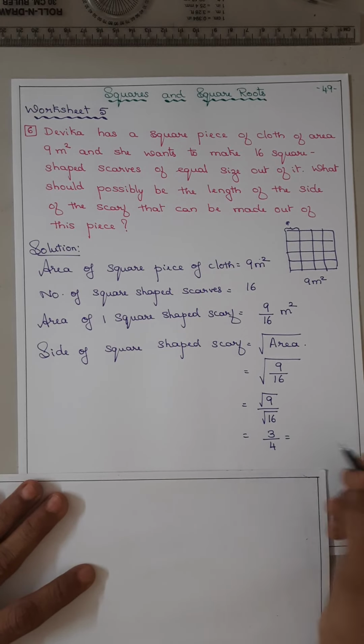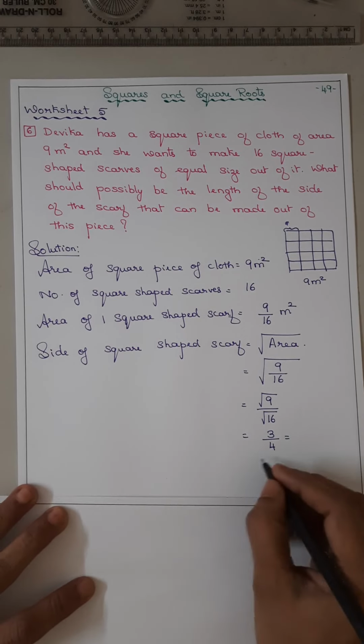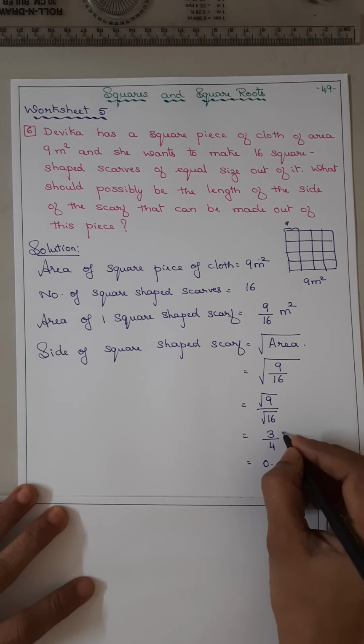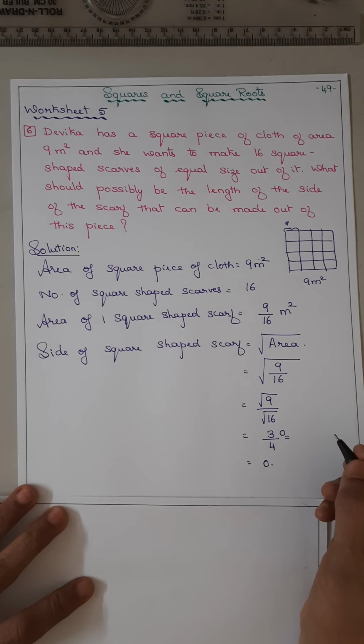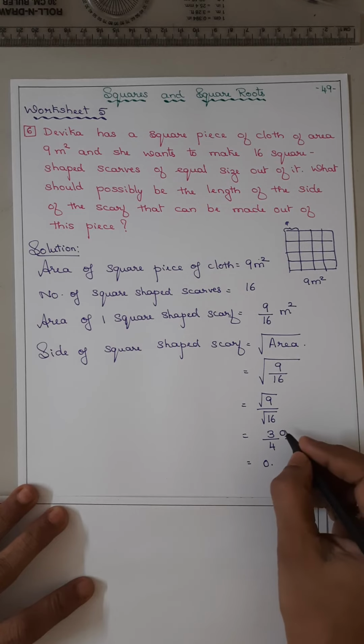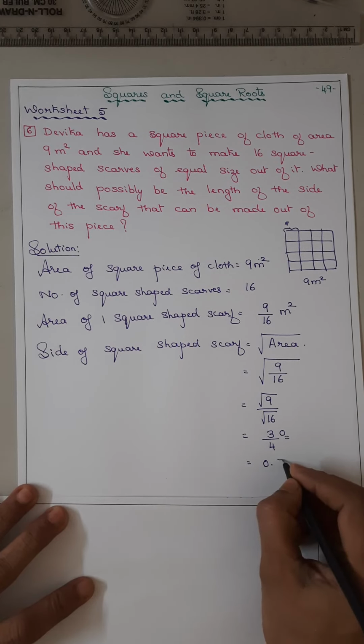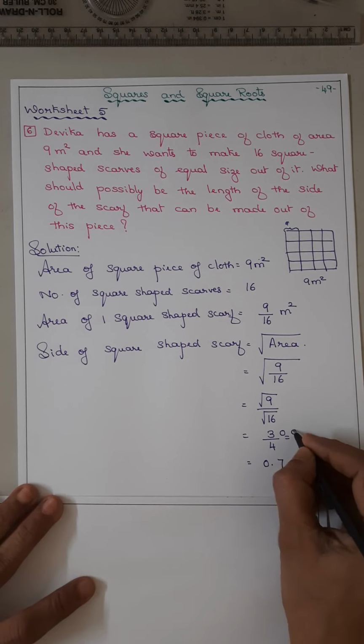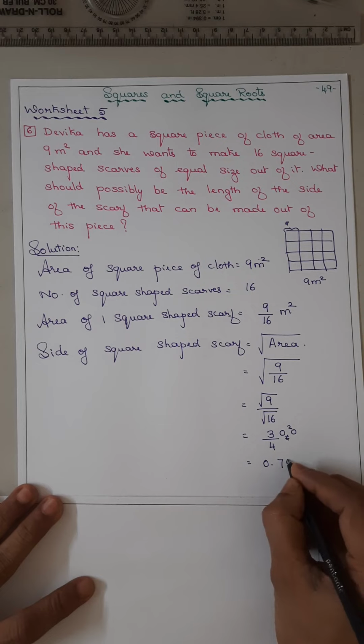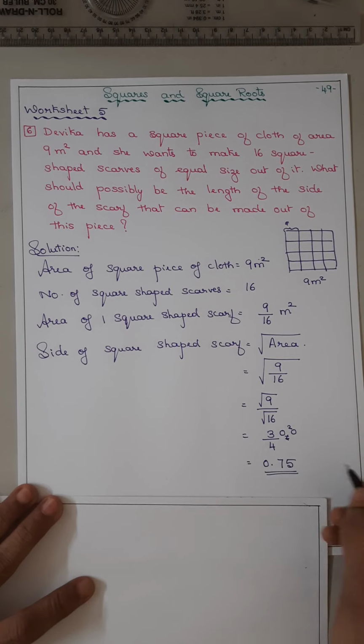So 3 by 4 means what? 4 zeros are 0, take an extra 0. It is 30. 4 sevens are 28. 29, 30, 2. That means 5s are what?